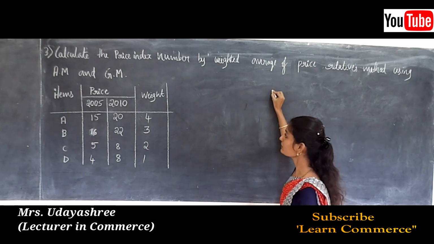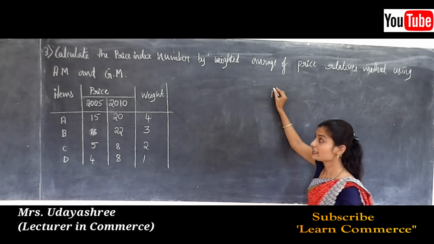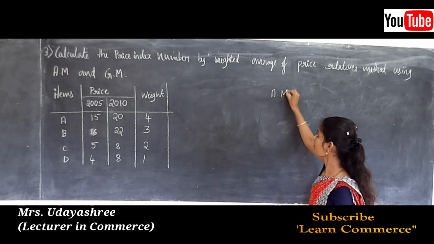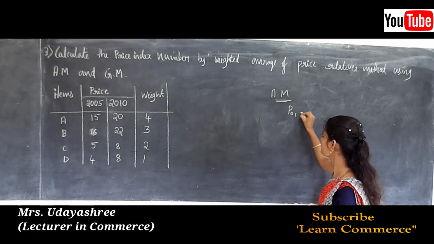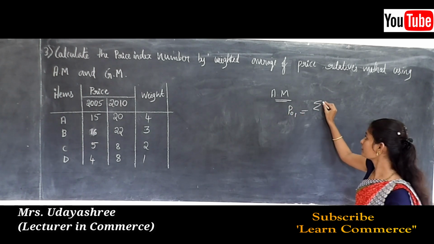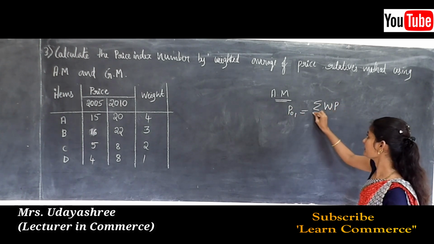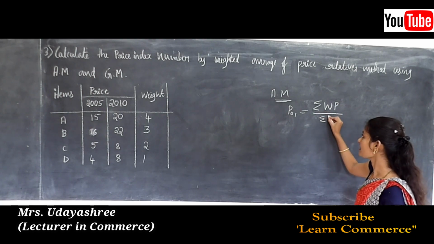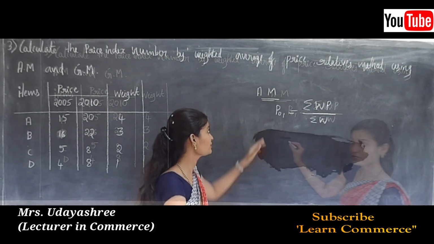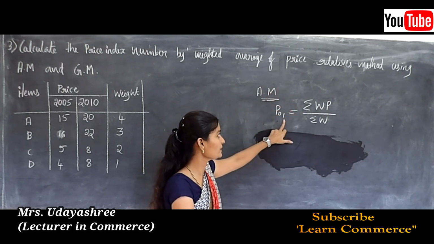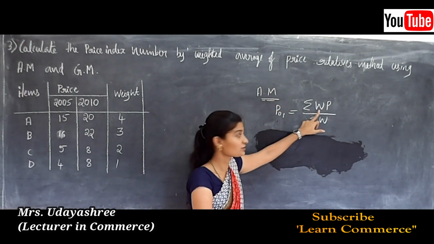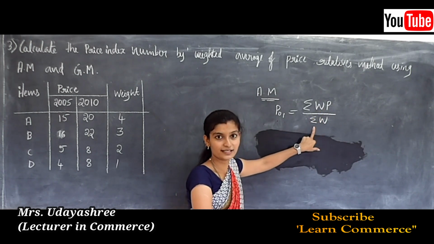To calculate weighted arithmetic mean, the formula is P01 is equal to sum of WP divided by sum of W. That is, arithmetic mean of price relatives using the formula P01 is equal to summation WP divided by summation W.